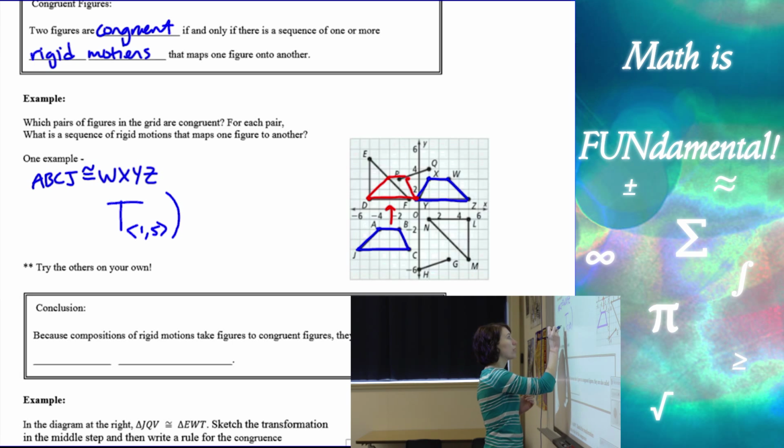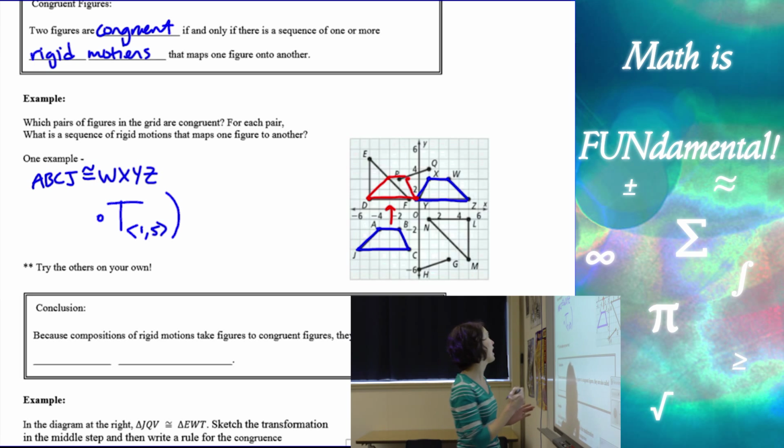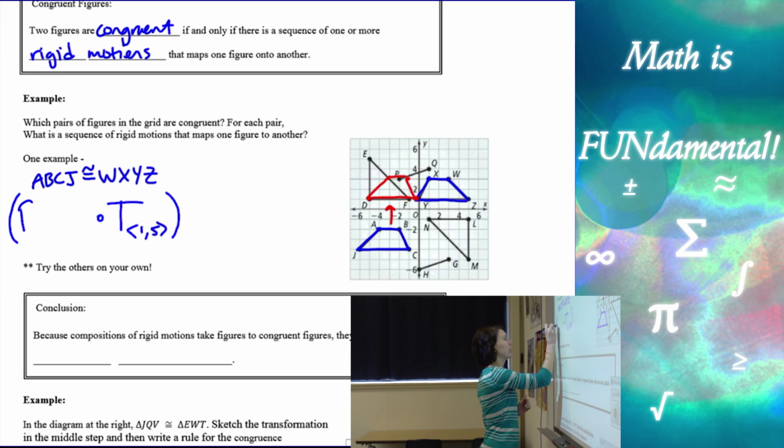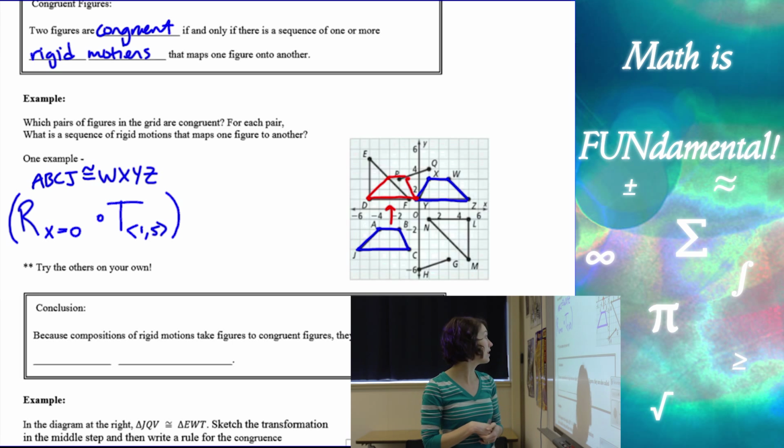All right, and then I want to compose that with a reflection across the y-axis. So reflection is capital R, and then I could either write the word y-axis or I could write the line x equals 0. So remember, when we do compositions of isometries like we showed in our last video, we have to write them in kind of backwards order.